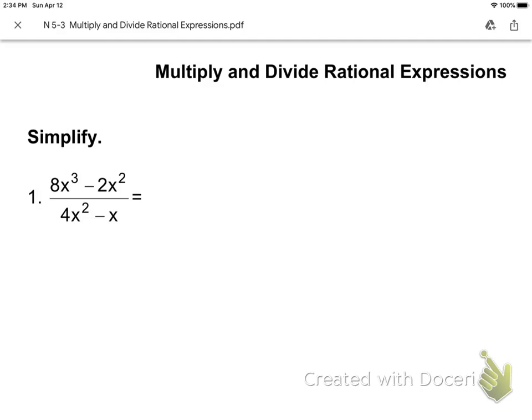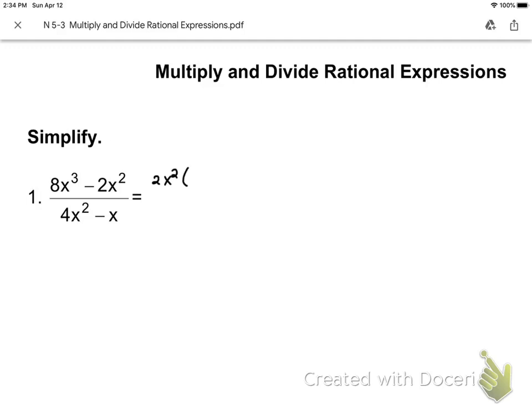So looking at example 1 here, we've practiced factoring for several weeks now, so you should be pretty proficient. But if we look at this, we've got a greatest common factor of 2x squared. So we're going to factor out a 2x squared from the top.